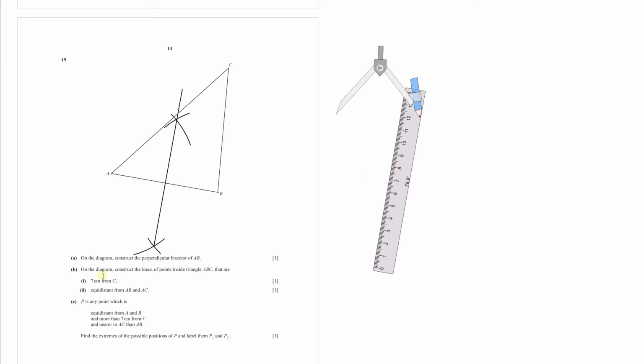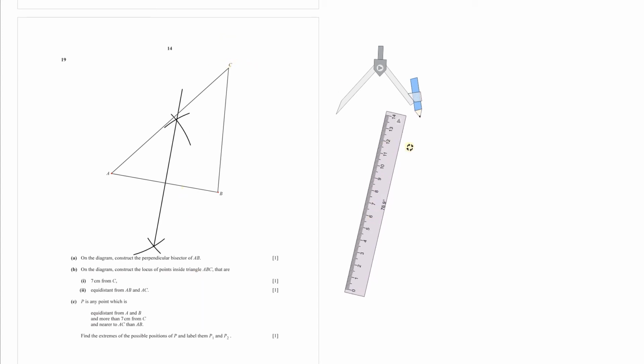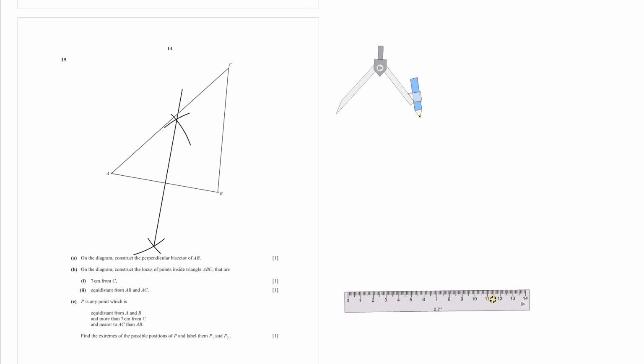So the next part is: on the diagram, construct the locus of points inside the triangle ABC that are 7 centimeters from C. So that means you have to draw a circle of radius 7 centimeters. Let me use my compass here and open it up till 7 centimeters. So this will be 7 centimeters. Then I will position it at the center C here.